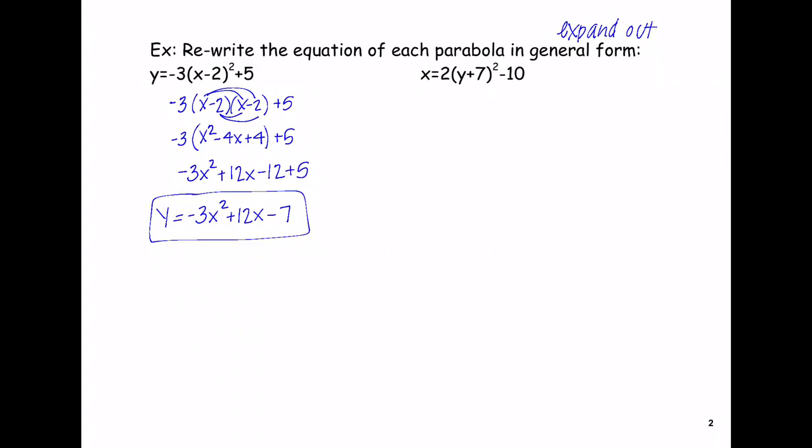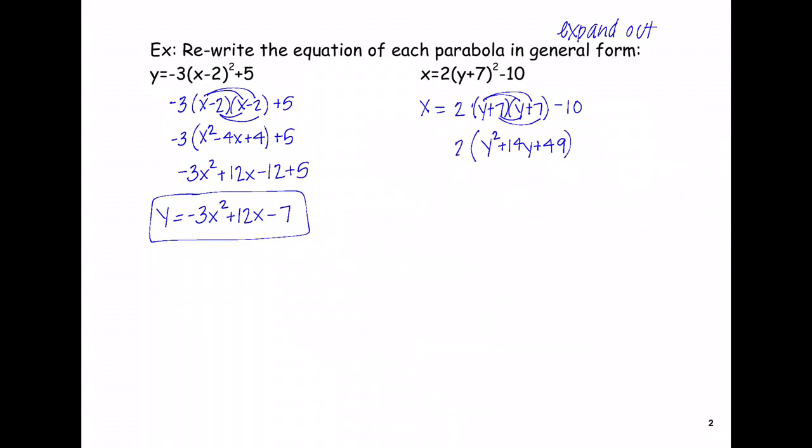Looking at the next example, this parabola opens left to right because it's x equals. We're going to expand out y plus 7 twice. Do not distribute the square over addition or subtraction. y times y is y squared, plus 7y twice gives us a positive 14y in the center, plus 49 on the end.